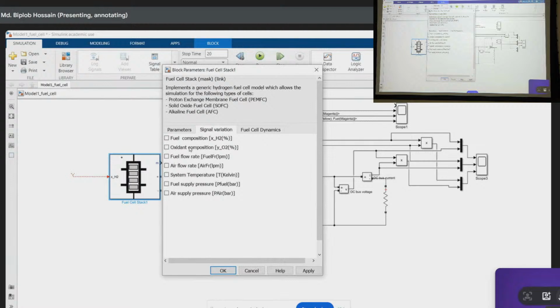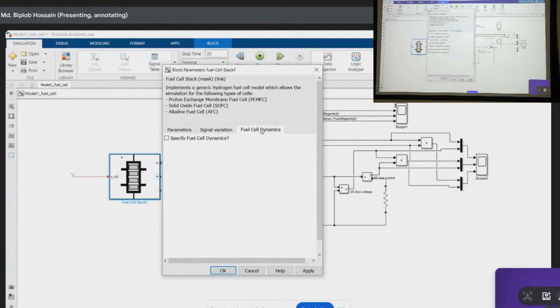Otherwise, if you don't select any input probe, then the built-in functions think all the inputs are sufficient. They provide current and voltage based on that, assuming everything is provided sufficiently, with no deficiency. If you want to make it more realistic, where there might be some deficiency or some surplus, then you can provide this specific value.